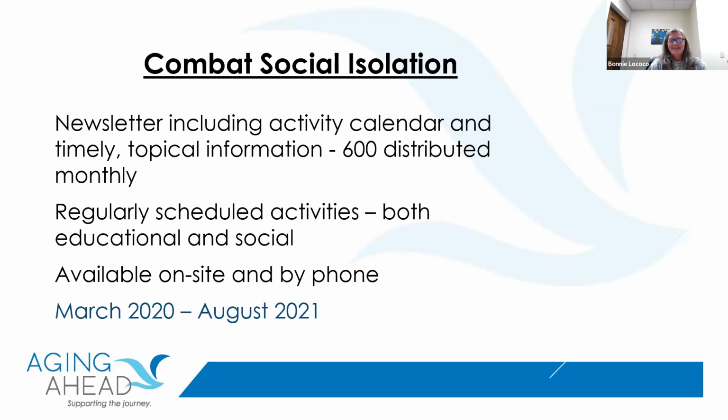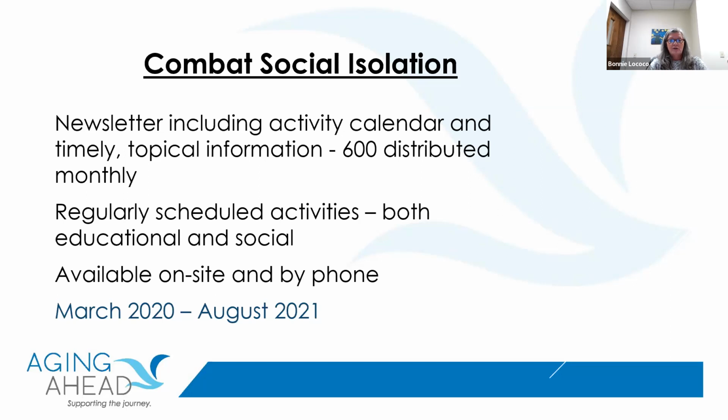Folks like to do those kinds of things, crossword puzzles, word search. Then we include a flyer or a little blurb if we have an event coming up that we've scheduled. Right now, since we're in 7 different apartment complexes, we distribute about 600 newsletters each month.